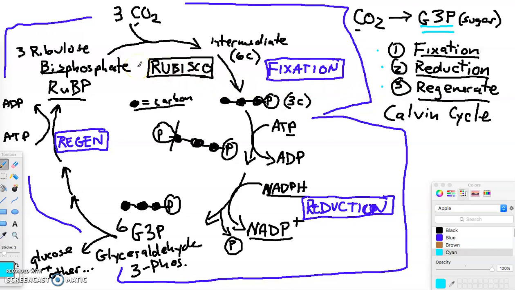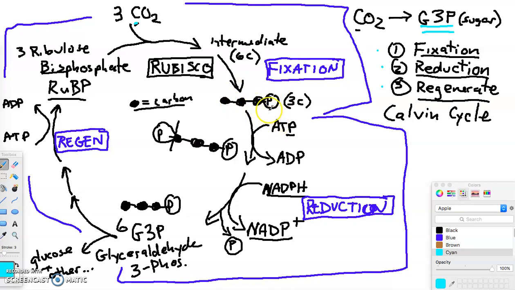As we walk our way through it, we can see some of the key components. Carbon from carbon dioxide is added to ribulose bisphosphate, or RUBP, with the help of an enzyme called Rubisco. And then that, through a couple of steps, forms this 3-carbon intermediate, which actually goes by the name of PGA.